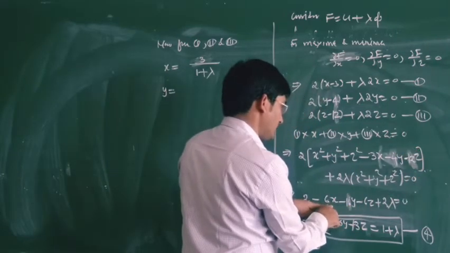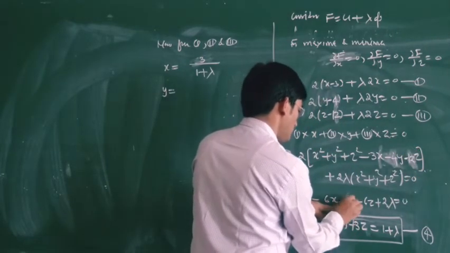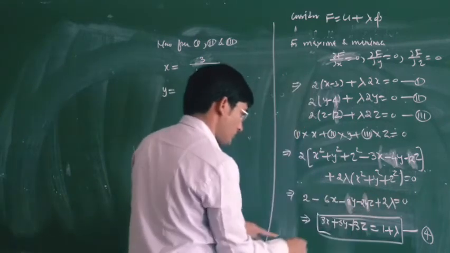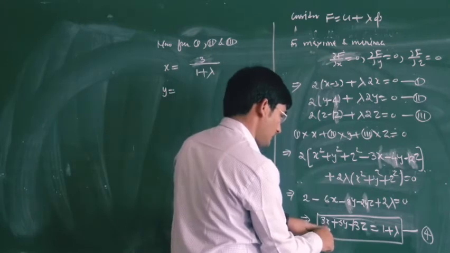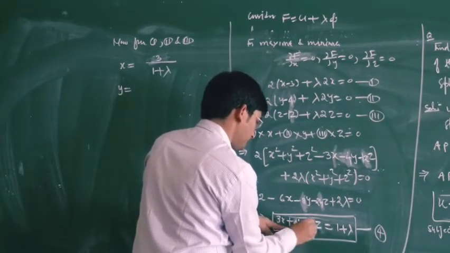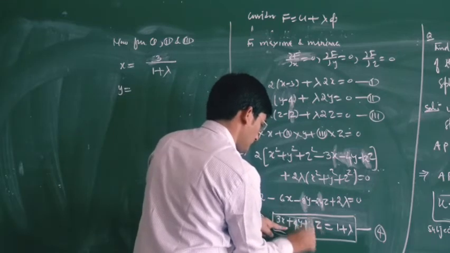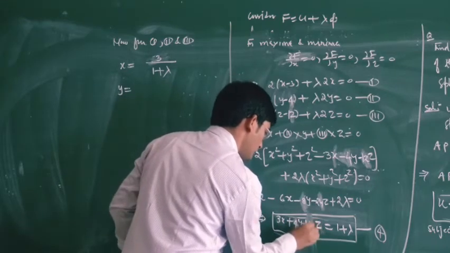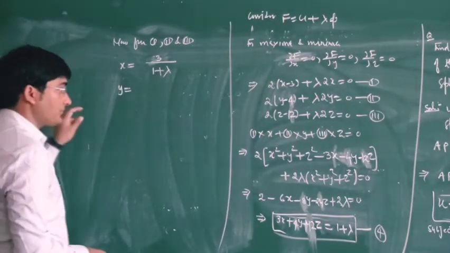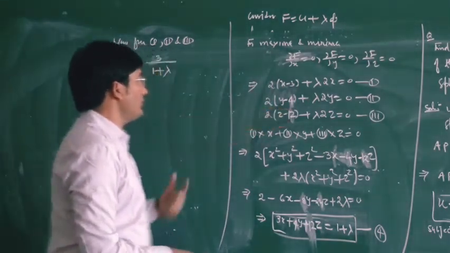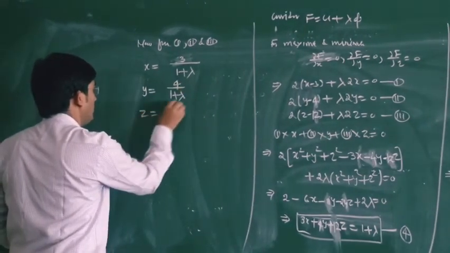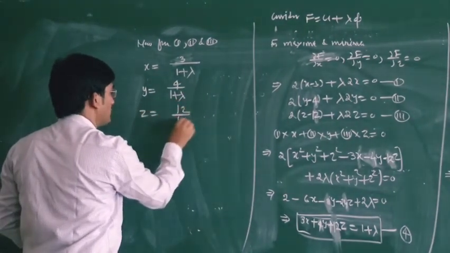Now this will be 6x minus 8y minus 24z. Now if you divide the whole equation by 2, then this will be 3x plus 4y plus 12z. Okay. Now your y will be 4 upon 1 plus lambda. Your z will be 12 upon 1 plus lambda.